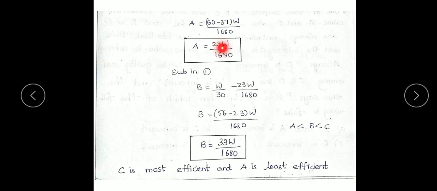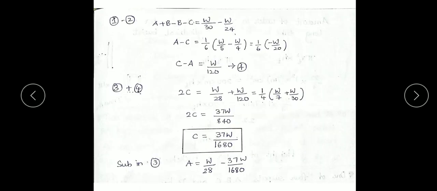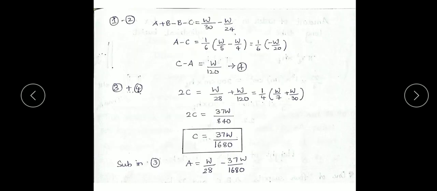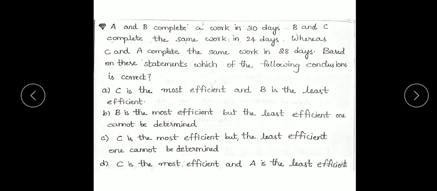So here we see 23, 33, 37. 23 is the least, 33 is the next higher one, and 37 is the highest. That means the working capability of C for one day is more than any one of them. So A is less than B is less than C. So from this we can see that C is the most efficient one and A is the least efficient one, as we have discussed. So D is the correct option.